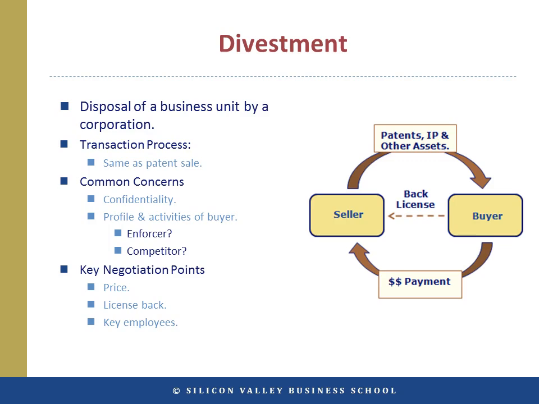Both buyers and sellers in a divestment involving patent rights are often concerned that their negotiations and activities are confidential and not disclosed to the market. The identities of the seller can be shielded until the NDA confidentiality agreement is signed by the buyer, and the patent numbers are then disclosed.